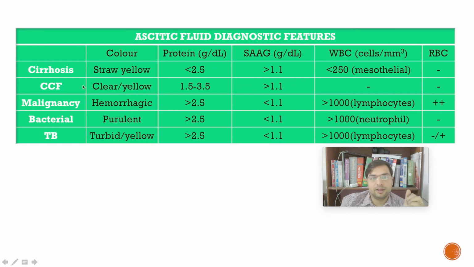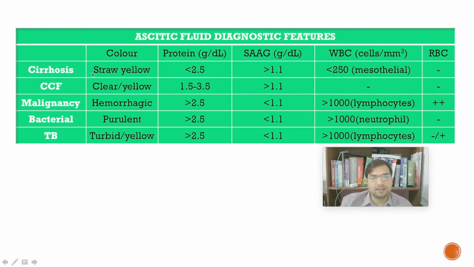In congestive cardiac failure, the color will be clear, transparent, translucent, or a little yellowish, the proteins will be 1.5 to 3.5, SAAG score will be greater than 1.1, and there will be no WBCs or RBCs. Then it is purely congestive cardiac failure, which leads to very transparent ascitic fluid.